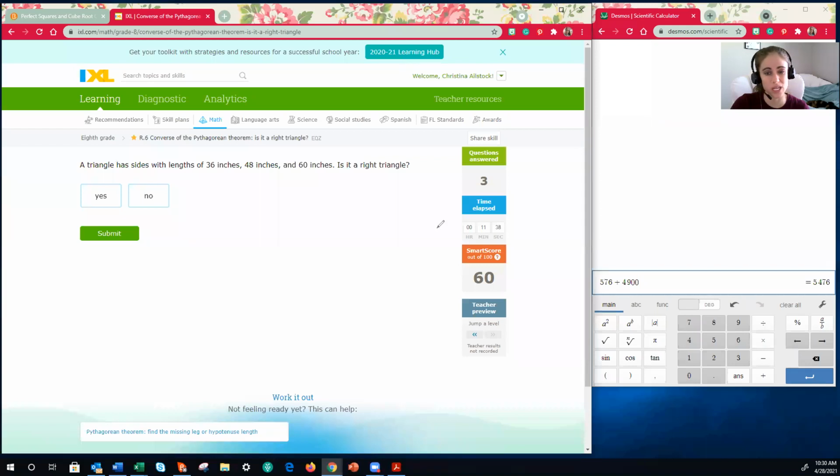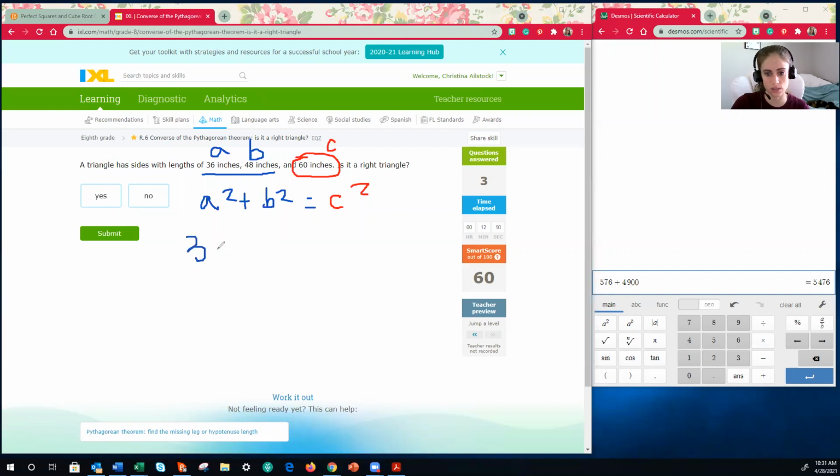All right, what value is our hypotenuse? 60, yep. 60 is our hypotenuse because that is the longest side, which means our legs are 36 inches, I'll make that A, and 48 inches, B. Pythagorean Theorem, A squared plus B squared equals C squared. Our A is 36 inches, so 36 squared plus our B, 48 squared, equals our C, 60 squared.